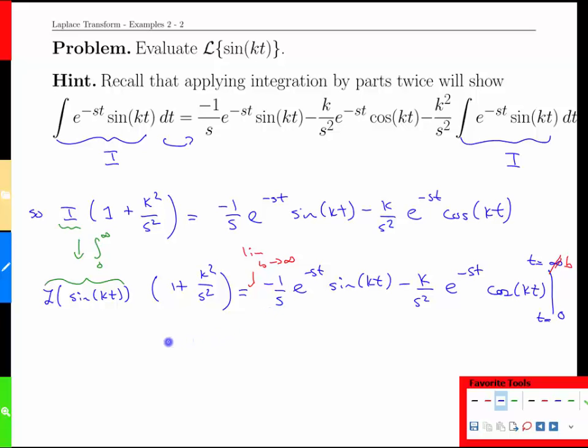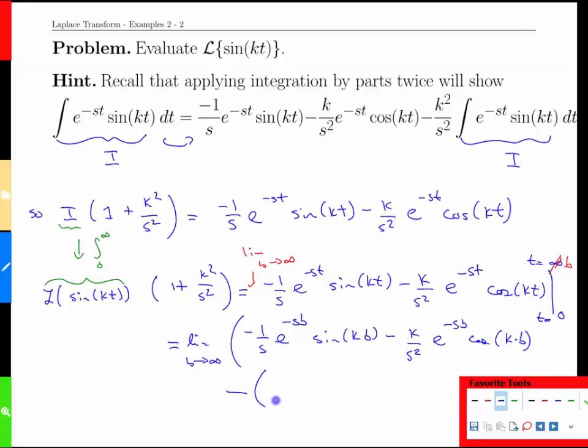And that will give us the limit as b goes to infinity, that gets copied, negative 1 over s e to the minus s times b sine of k times b. This t gets replaced by b, minus k over s squared e to the minus sb cos of k times b, minus what we get when we plug in 0.